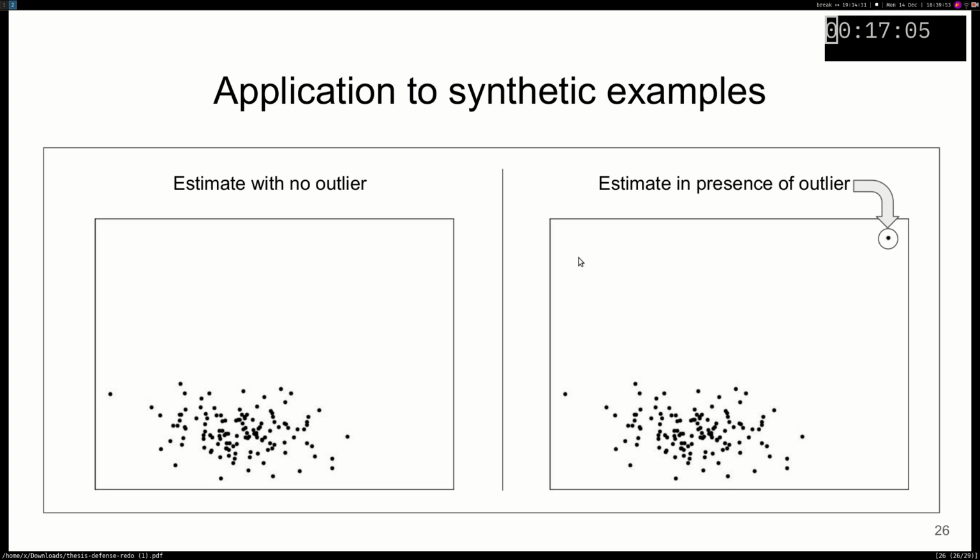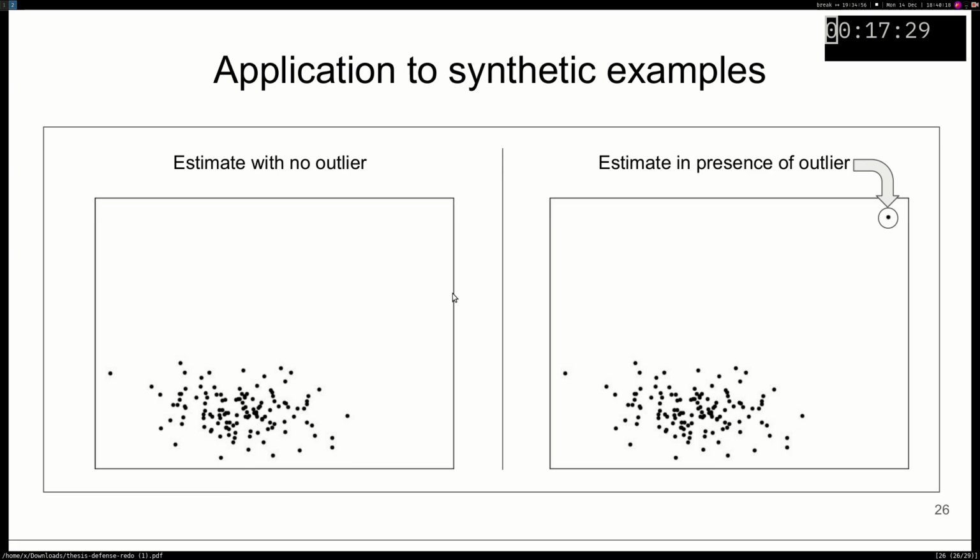Now let's visualize and see what's really happening in this case. So we present some synthetic examples. In the first case, we have this set of data points which is drawn from a Gaussian distribution with a known covariance and mean, which we call ground truth. In the second case, we have the same distribution, but we have added an outlier here.